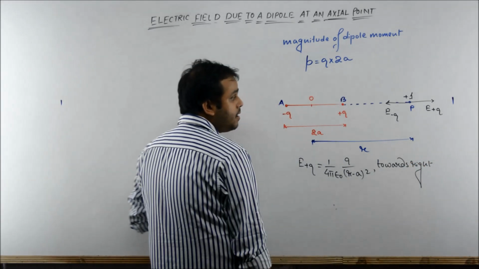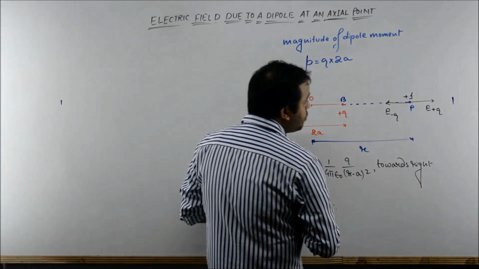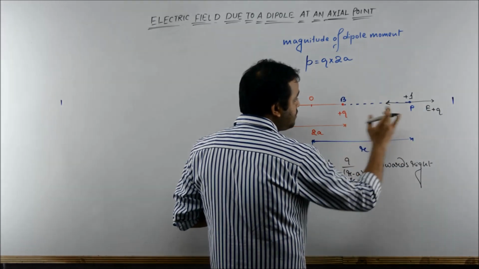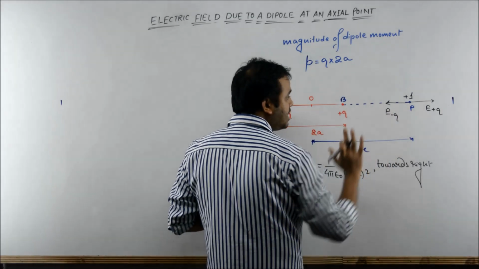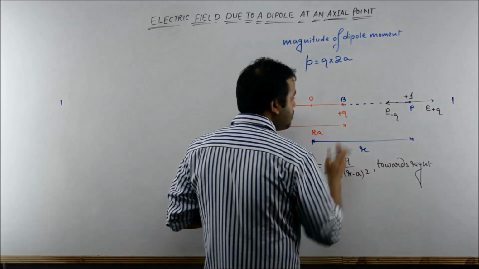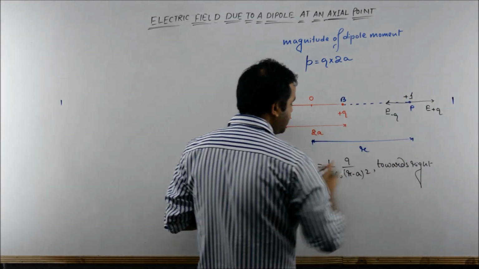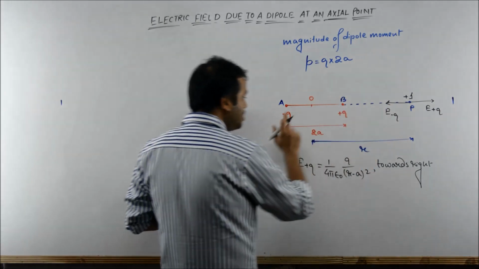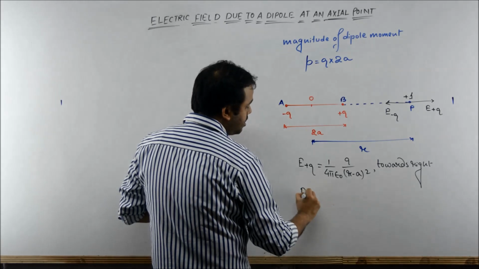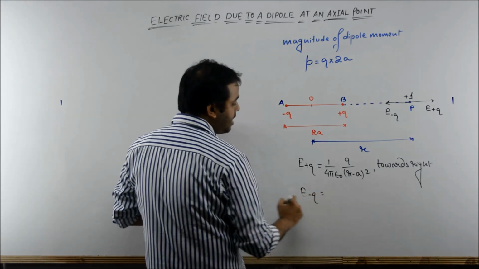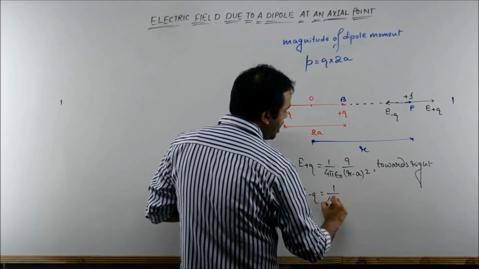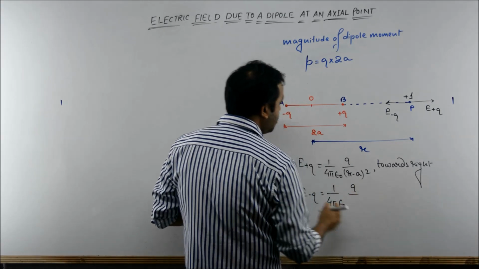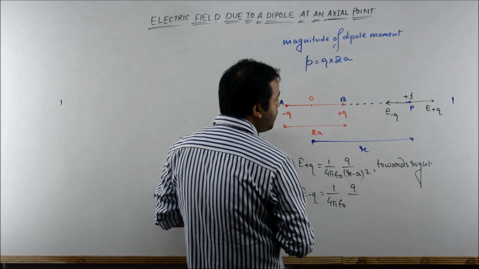I've already shown how we have found the direction of electric field due to this positive charge at point P. Clear students? It's towards right, positive repulsion. Now what will be the electric field at this point due to minus q? We are denoting it by E minus q, which is equal to 1 by 4 pi epsilon naught, charge, both are q only, by distance square.